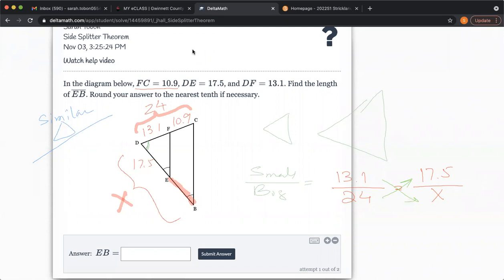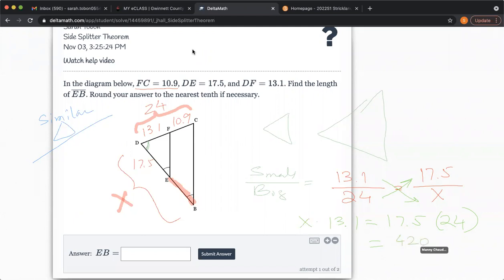So let me cross multiply. X times 13.1 equals 24 times 17.5. I'm using a calculator now. It's 420.